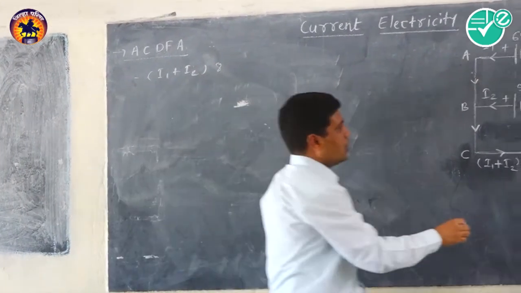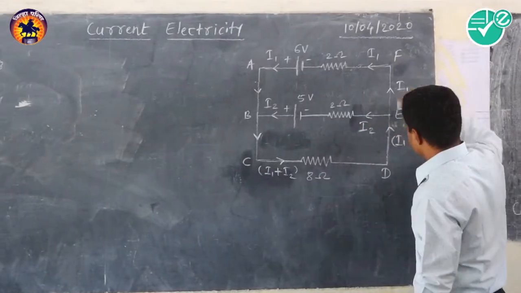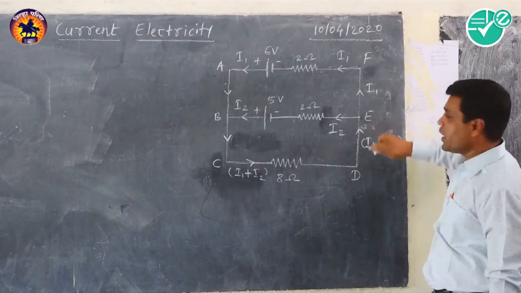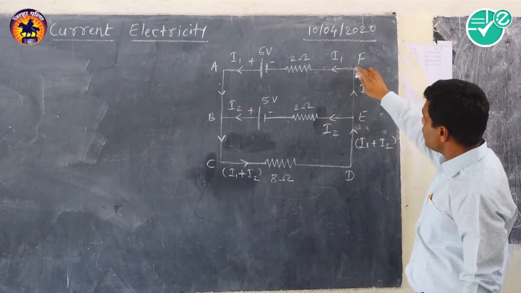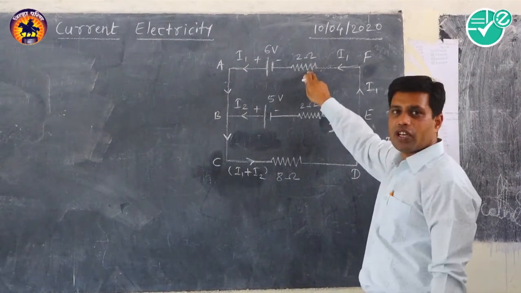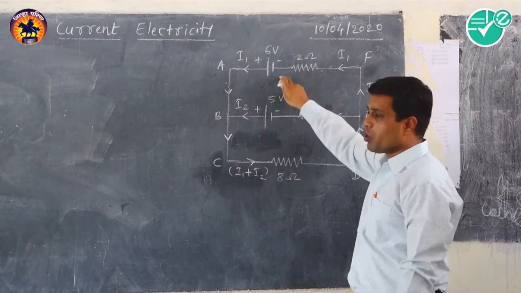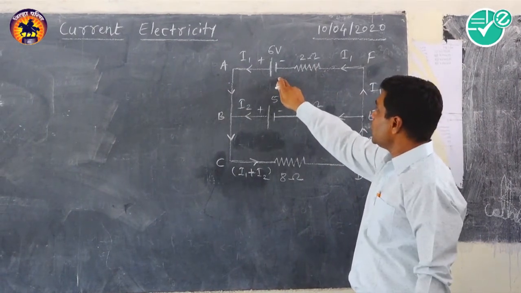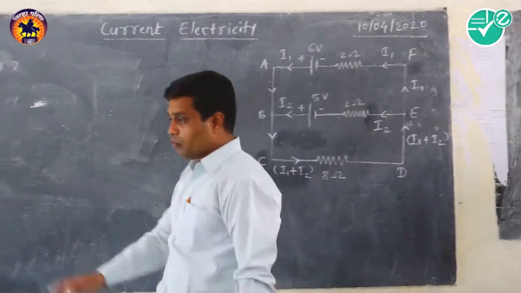After that, as we move from D to F, there is no component in this path. As we move from F to A, we face two components: a resistance of 2 ohm and a battery of EMF 6 volt.